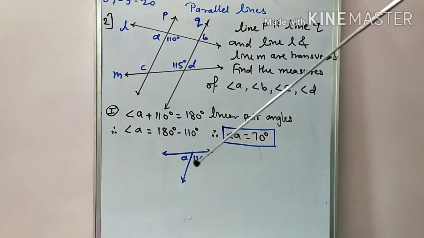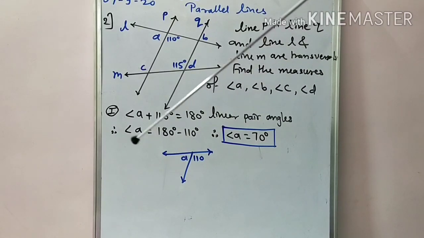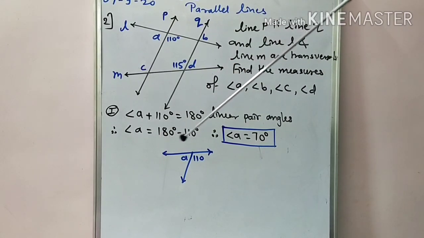Hence we can write angle A plus 110 equals 180 degrees, linear pair angles. To find angle A, we subtract: 180 degrees minus 110 degrees is 70 degrees. So the measure of angle A is 70 degrees.